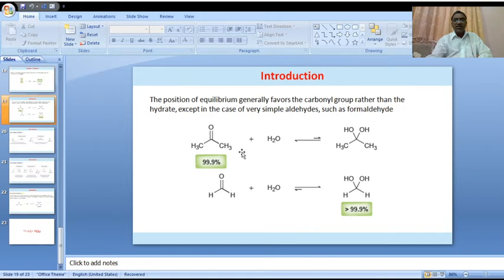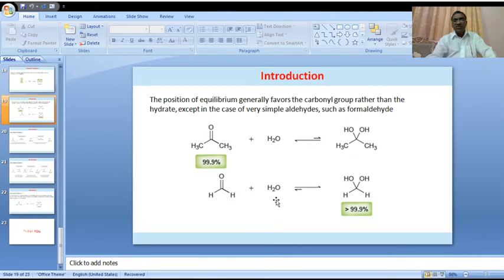Here there are no alkyl electron donating groups, so formaldehyde is less stabilized. It undergoes reaction very fast.